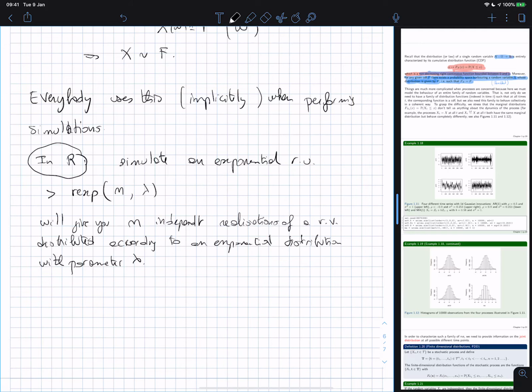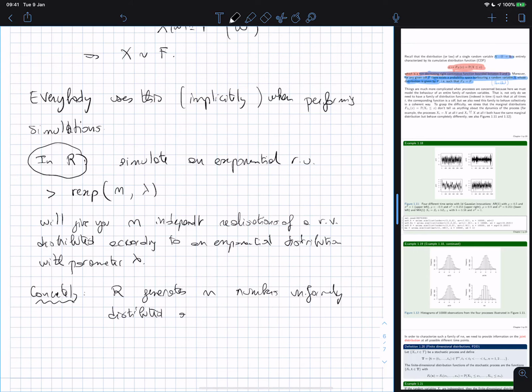And what does R do? Well, as you can see, it's R, or I think it's the same in Python or in any other language. Concretely, what does it do? It simply generates n numbers which are uniformly distributed on 0, 1.